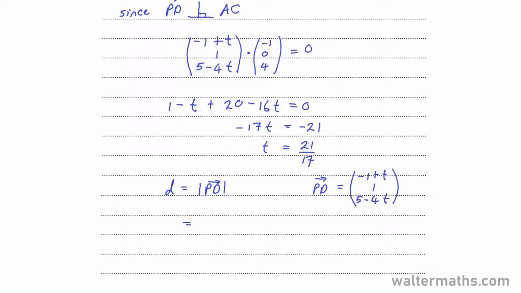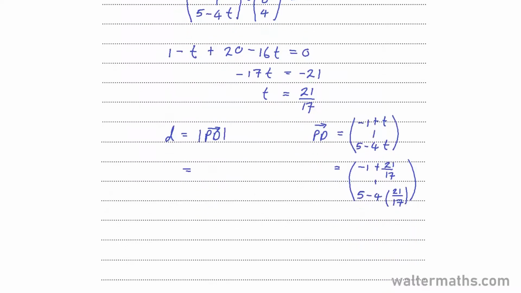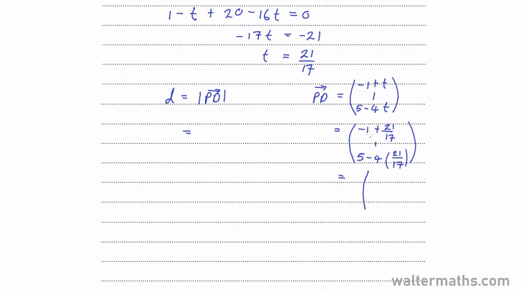And since we got t to be 21 over 17, it will be equal to minus 1 plus 21 over 17, then 1, then 5 minus 4 of 21 over 17. So that is going to come out as minus 1 plus 21 over 17 is 4 over 17.